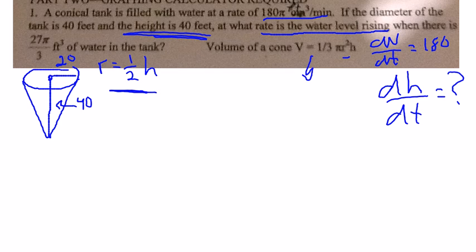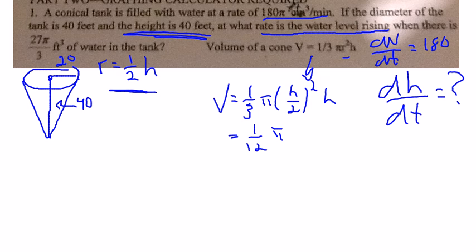That gives me V equal to 1/3 pi times, what do I get? I'm going to write h over 2 squared times h. Simplify, I get 2 squared in the bottom, which is 4 times 3. So I get V equals pi over 12 times h cubed.